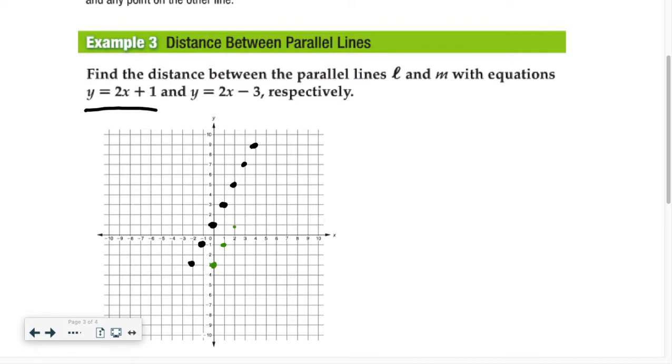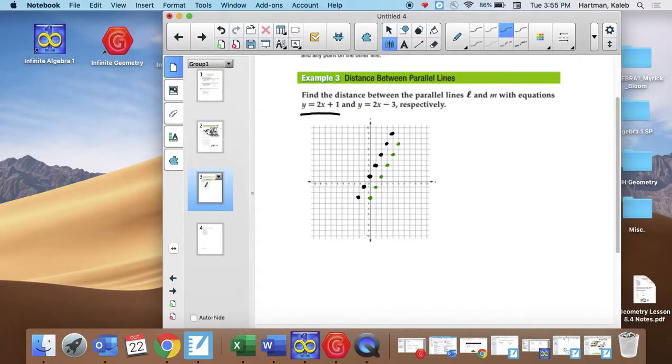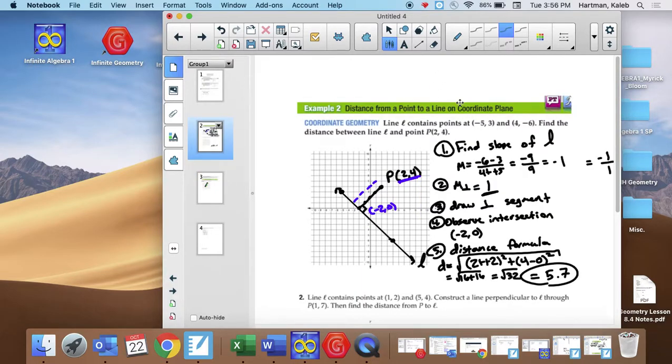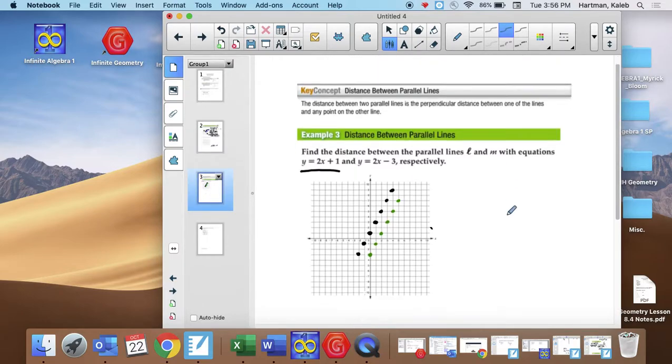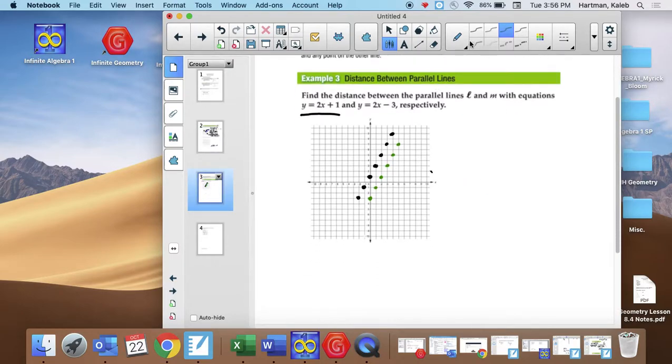It has the same slope because they're parallel. So I'll use the line tool and connect all these dots so that we actually have some lines here. All over the place here. All right, so let's get our lines.